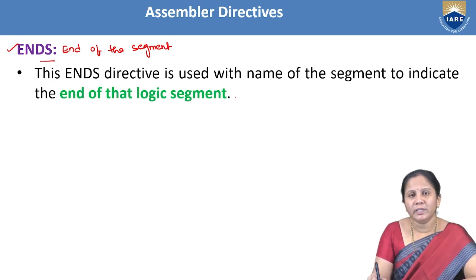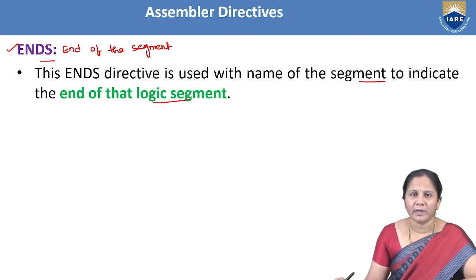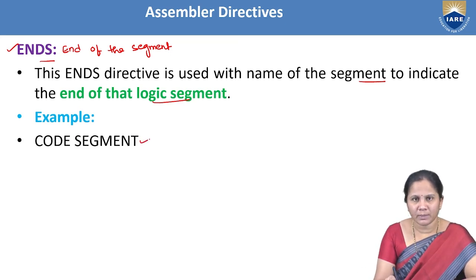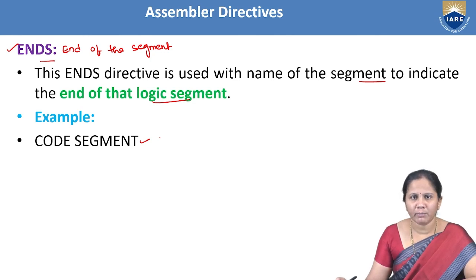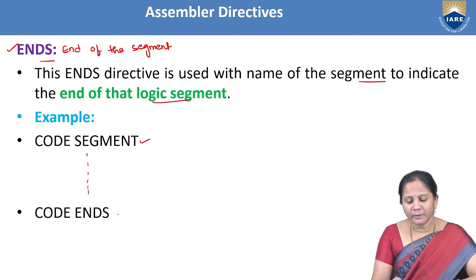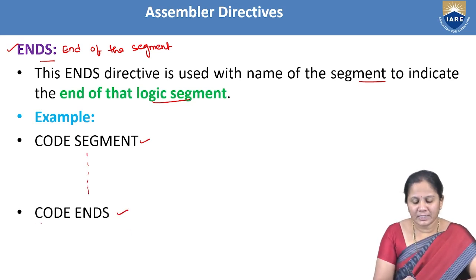This ENDS assembler directive is used with the segment name to indicate the end of a logical segment, any segment. For example, consider the code segment. This is the name of the logical segment. Now we write some lines related to this code segment, but at the end we write the same name followed by ENDS.